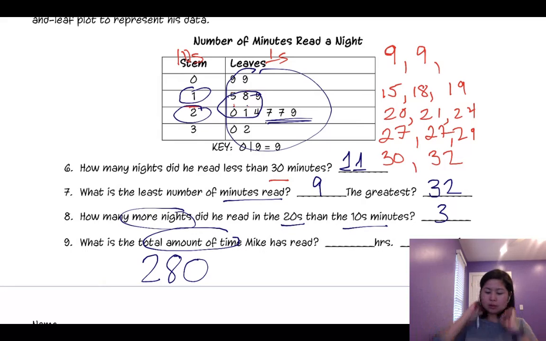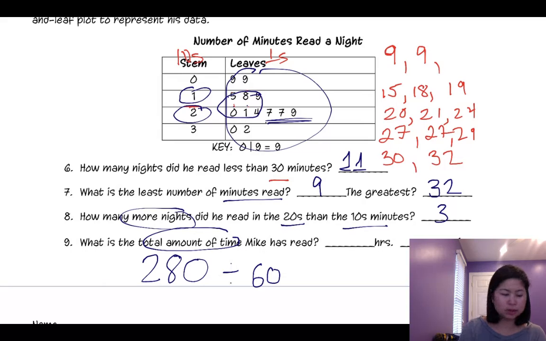Okay, so over here, I know that 1 hour has 60 minutes, right? So I'm thinking how many times 60 can go into 280. I'm thinking it's about 4.